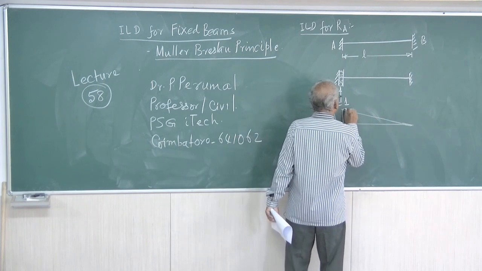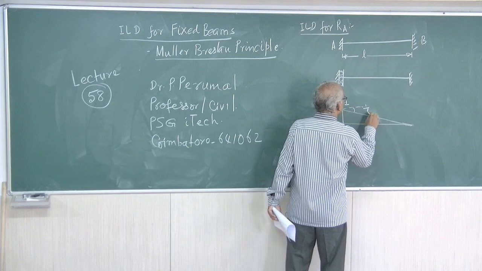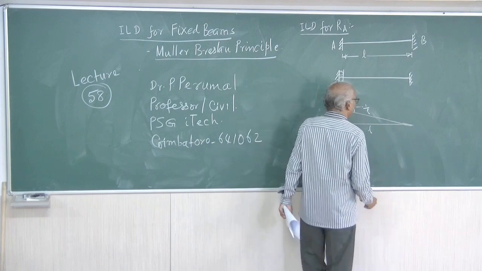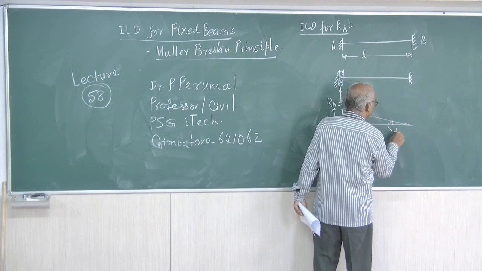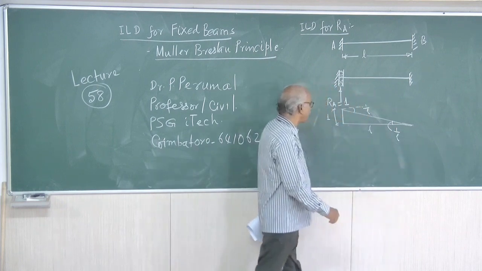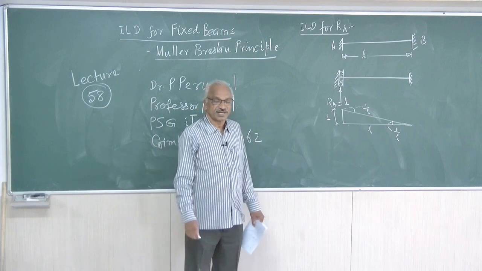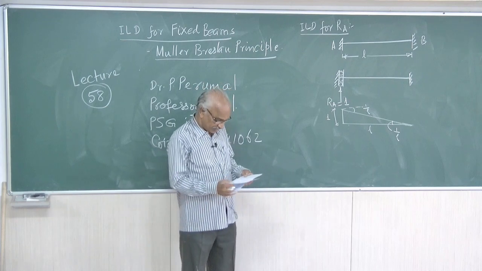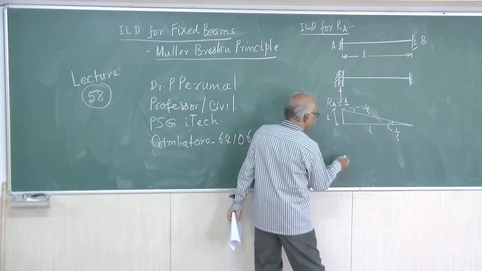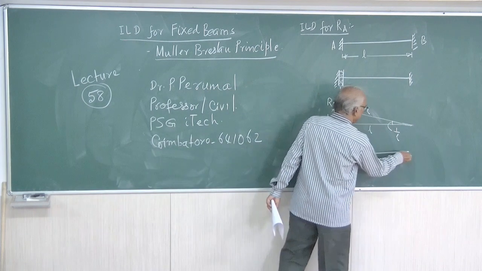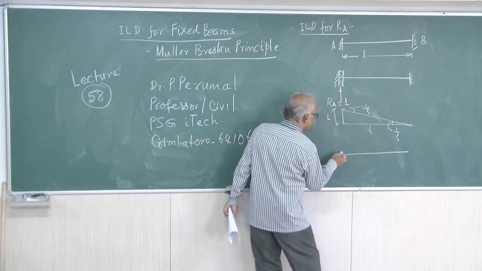Therefore, the slope here will be 1 by L. This is L, 1 by L. The slope here will also be equal to 1 by L, if it is a simply supported beam. Now here it is a fixed beam. Therefore, what will happen here is, here you will be applying an anti-clockwise moment.